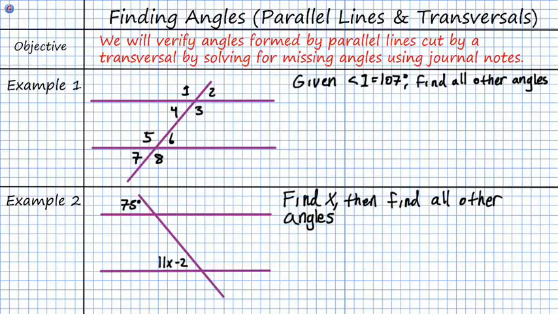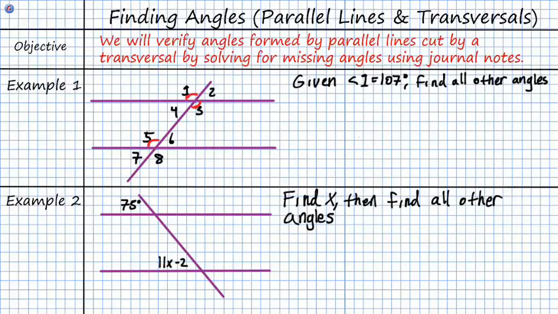So when we're looking at example 1 here, we know some interesting things. If it's given that angle 1 is 107 degrees, there's a couple of different things I can say. The first thing is that the vertical angle will be the same angle, and the corresponding angle will be the same angle as well.